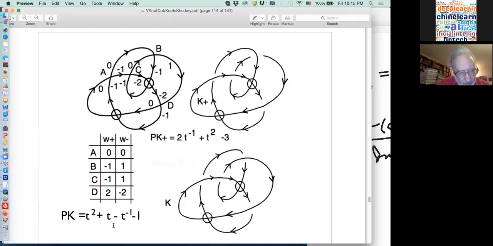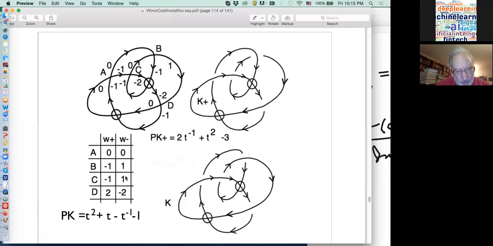It looks like I made a mistake. Let's get it correct. The A contributes nothing. The B is going to be made negative, right? So that will be a minus T to the first power.